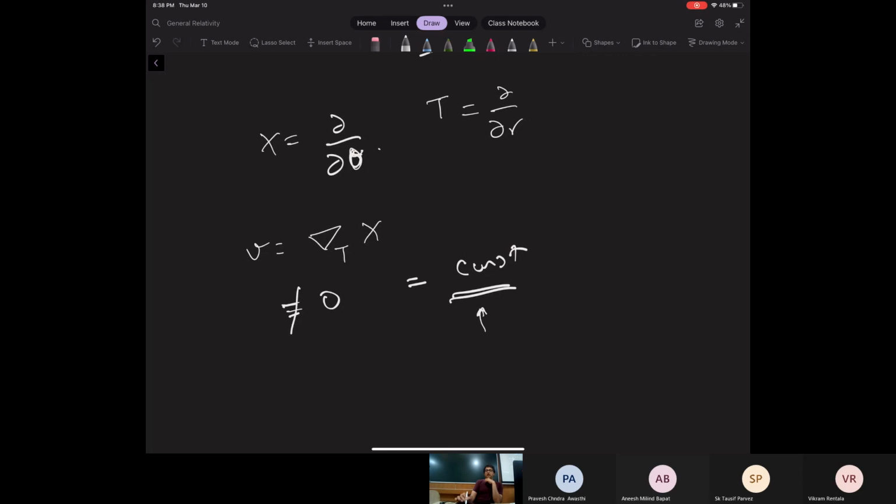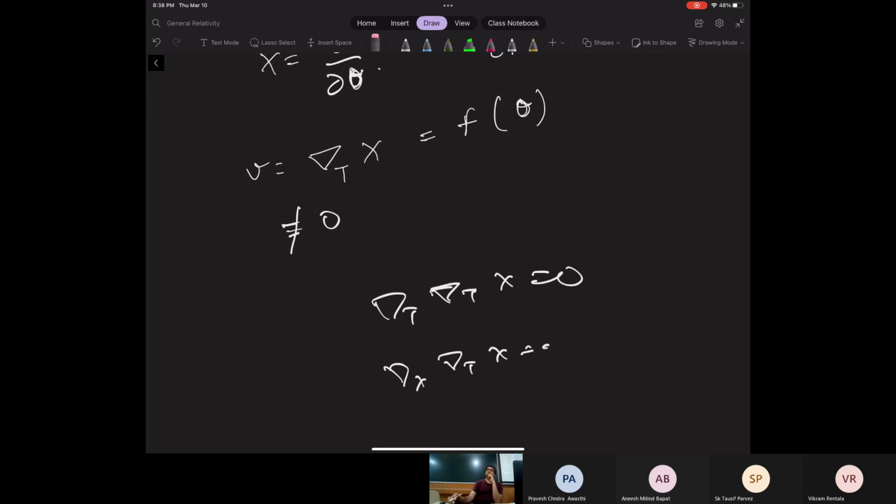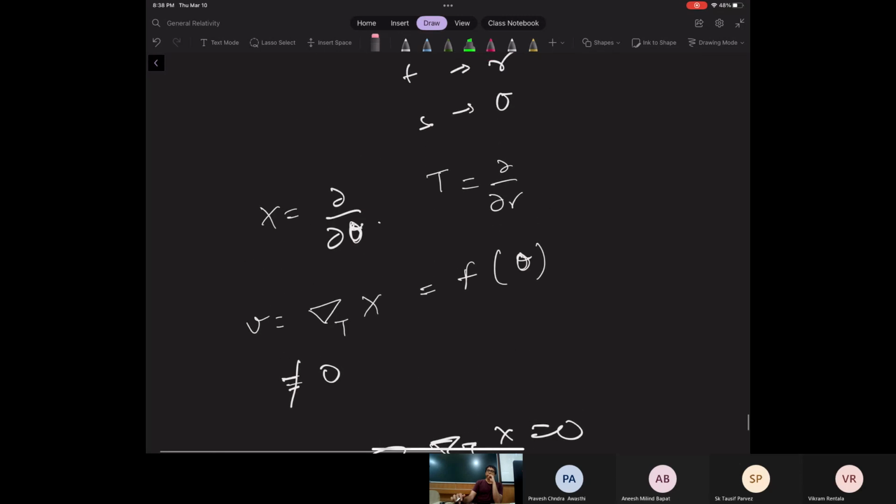Constant at least along R, it should be R independent. It doesn't have to be theta independent, right? Because what you want is this is zero, but this need not be zero. So it's basically only a function of theta. No, I mean, since you've chosen a coordinate system, you choose all theta equivalent.